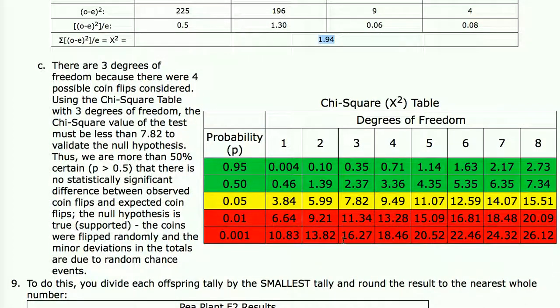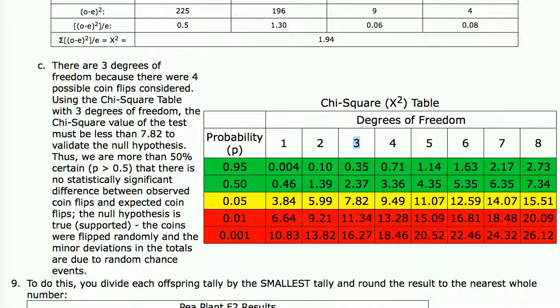Now, you were tossing 4 coins. By definition in chi-square, the degrees of freedom are always one less than the number of possibilities. Well, there are 4 possible coins, so the degrees of freedom is 3. So you look in the 3 column here, and you compare your number to this column of numbers. These are like steps on a ladder.